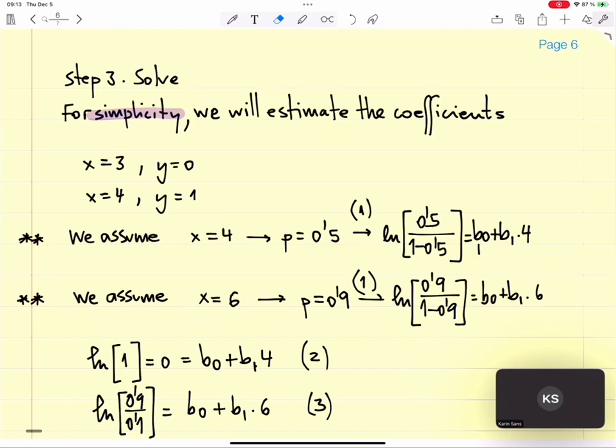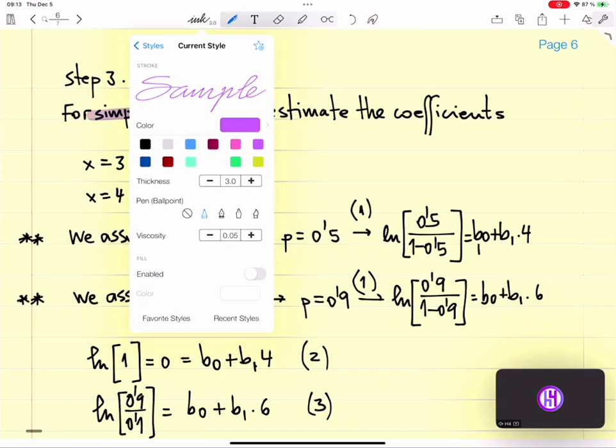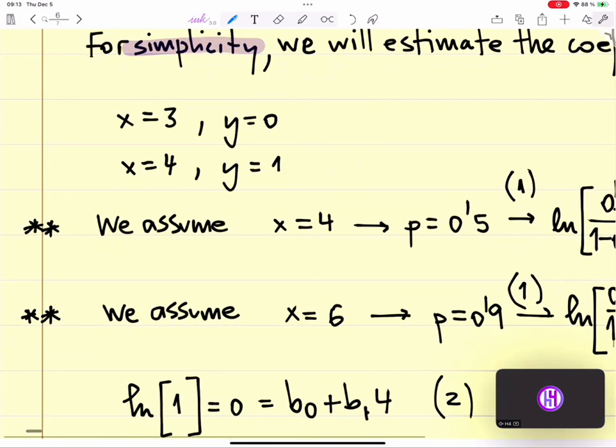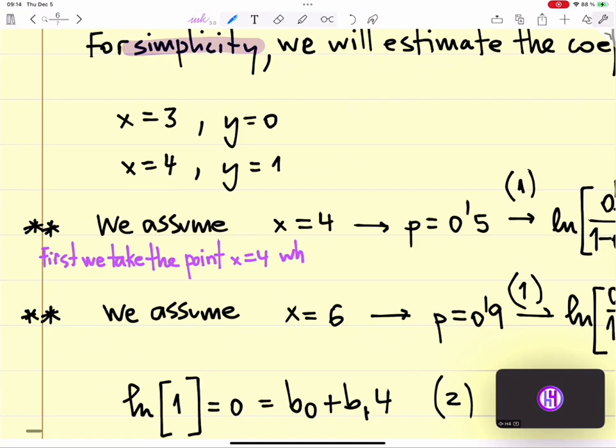So let me write it. First, we take the point x equals 4 where transition starts.